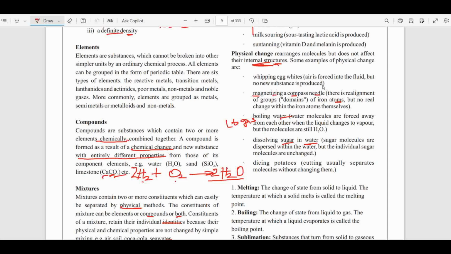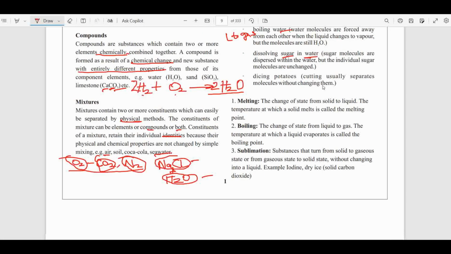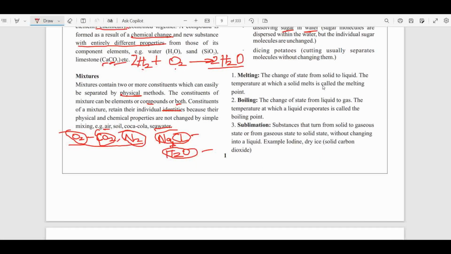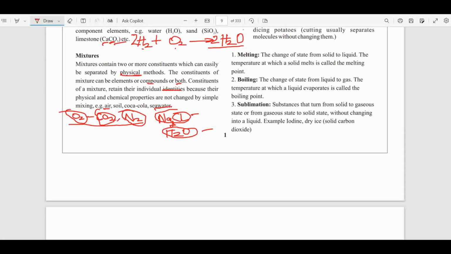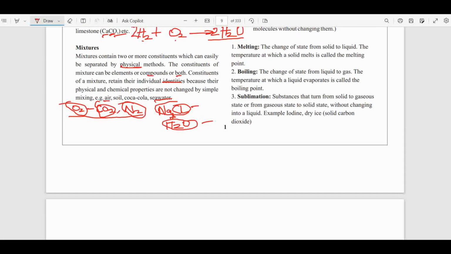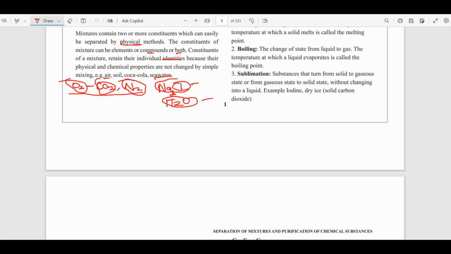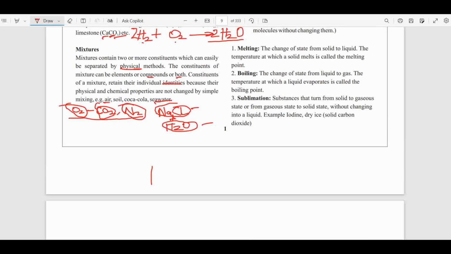Now, let's take a closer look at change of state, whereby matter changes from one state to the other. For example, a change from solid to liquid and from liquid to gas, or a change from solid directly to gas. Number one on our list here is melting.